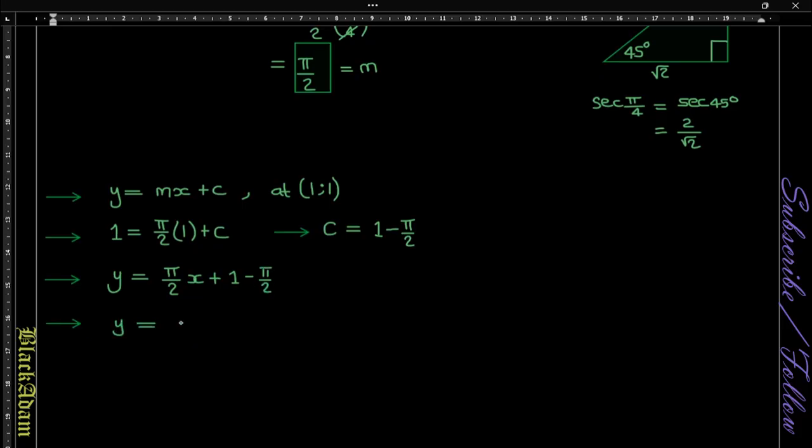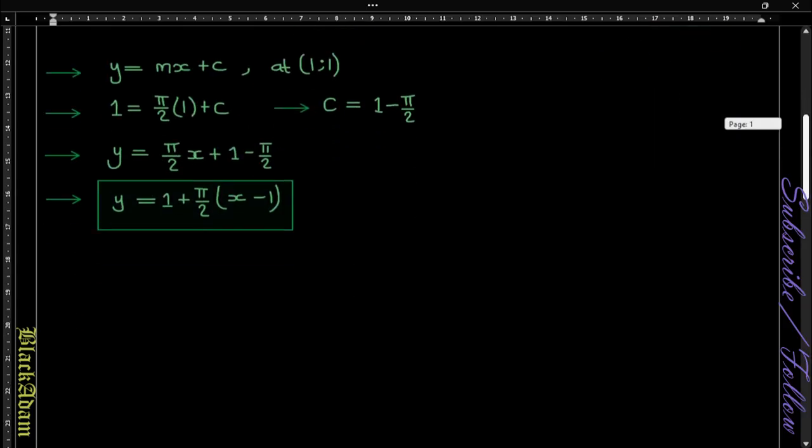Rewriting and factoring out pi over 2, y equals 1 plus pi over 2 times (x minus 1).